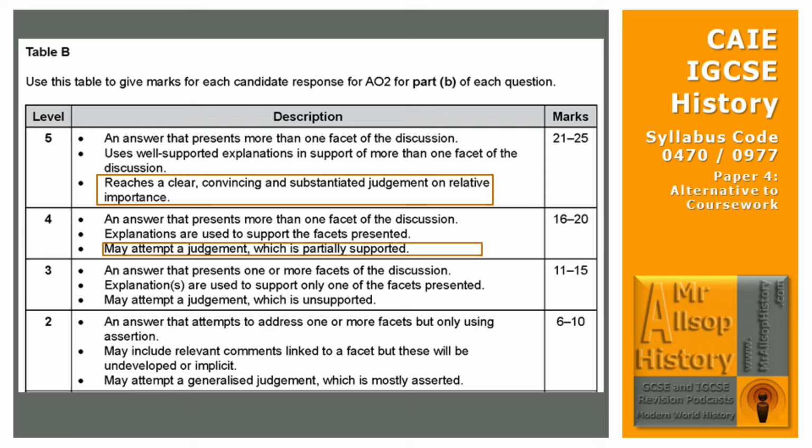The mark scheme describes this as reaches a clear, convincing and substantiated judgment on relative importance. And it's this concept of relative importance where you explain that although the stated factor did of course have a range of effects and consequences, the biggest and most important of those effects and consequences was this one.